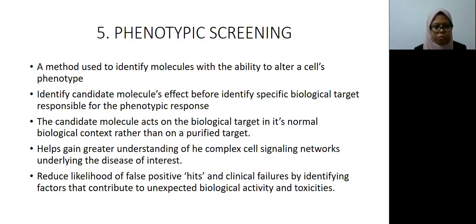The candidate molecule acts on the biological target in its normal biological context rather than on a purified target.